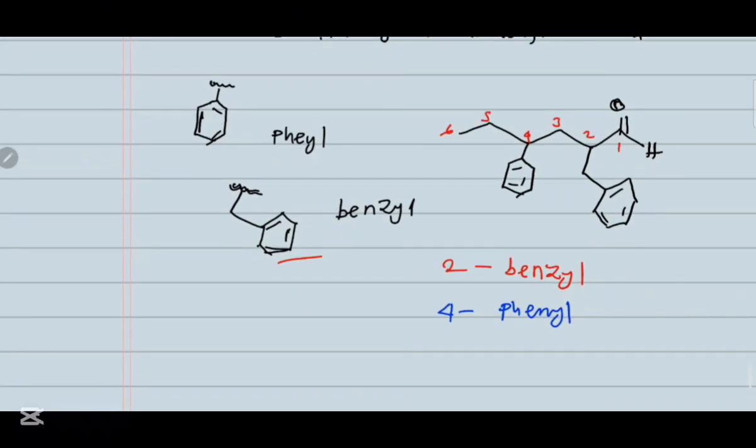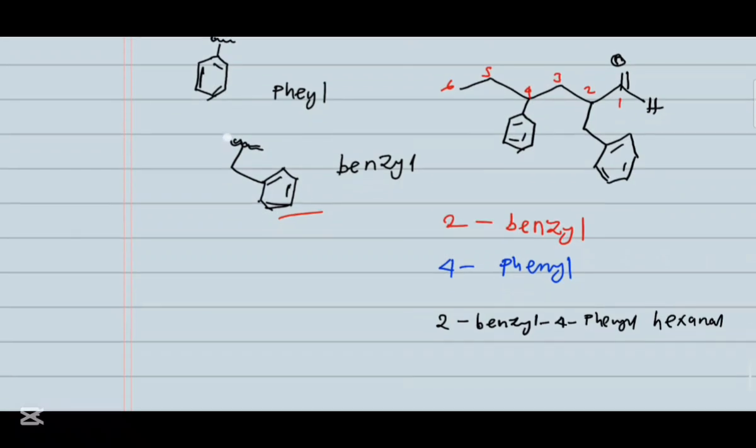So now if we add these, we're going to start with 2 benzyl or benzo, 4 phenol or phenyl, then hexanal. So that's how we name aldehydes.